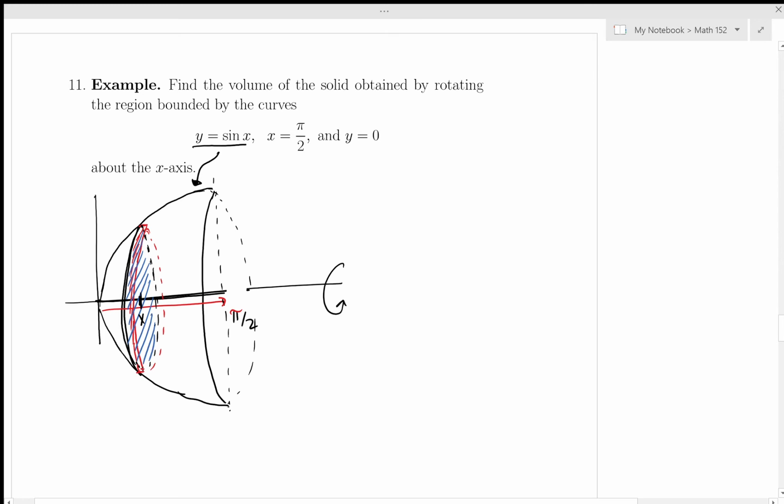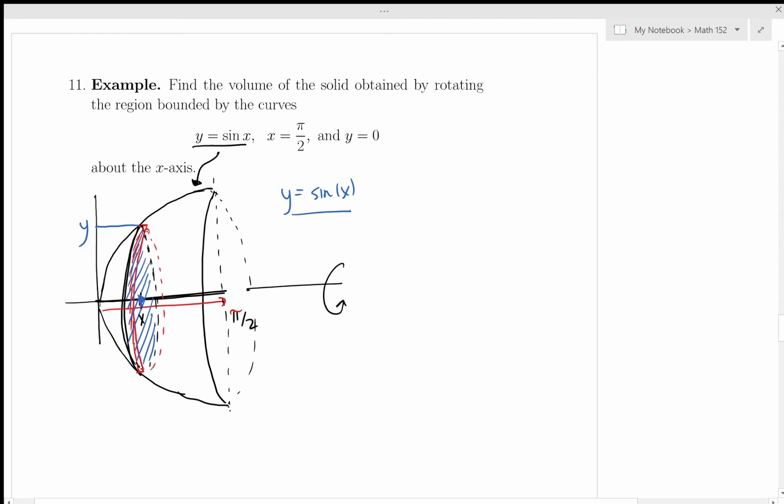The radius is this y value right here. I'm at this x coordinate, and the radius will be y. But y is equal to sine x. So the radius of the cross section at x is y, and y is sine x.